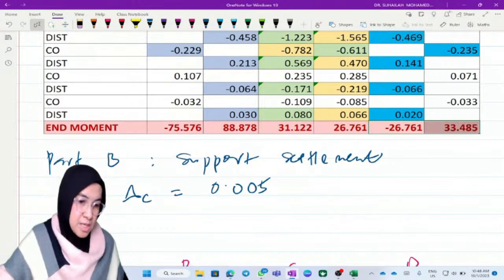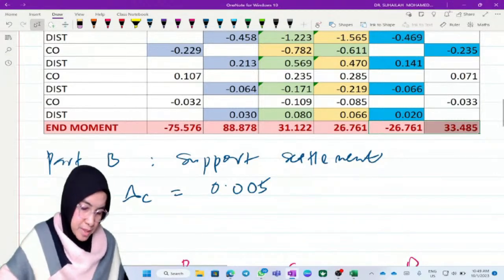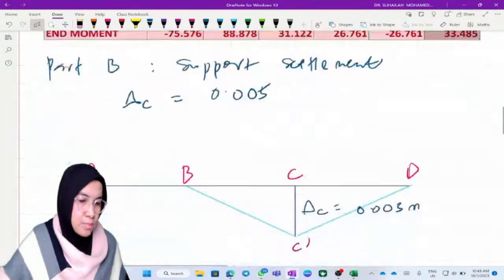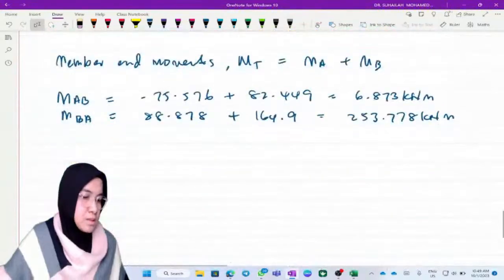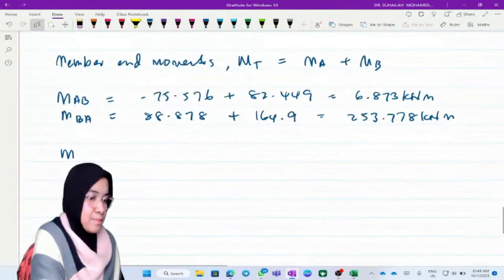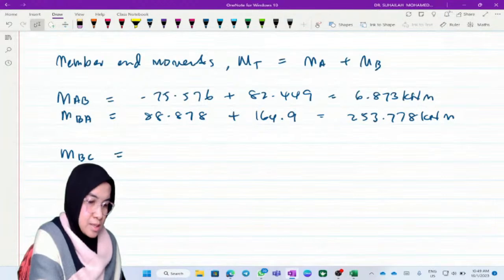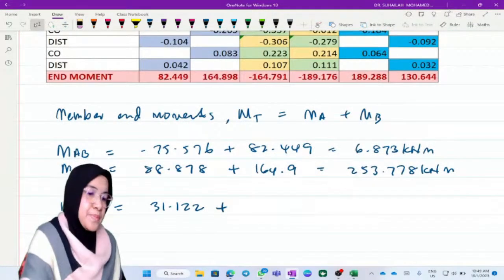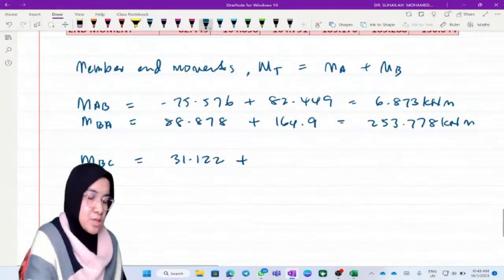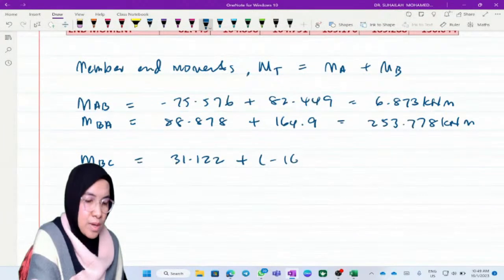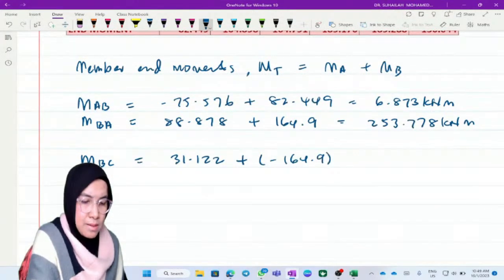Okay, so for BC we have 31.122. For MBC it is 31.122 plus negative 164.9.